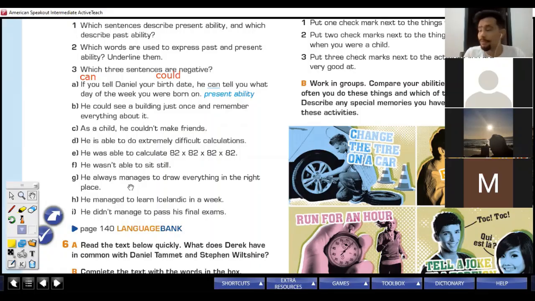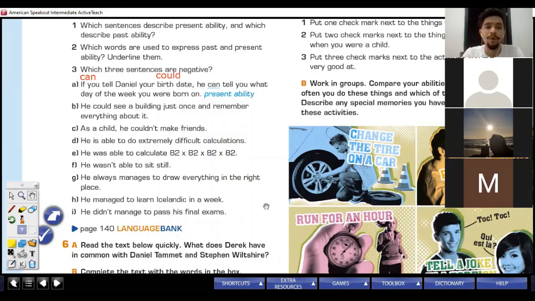And this is present ability or past ability? Present ability. Good. How about here? He managed to learn Icelandic in a week. Manage, past ability. Great. And how about here? He didn't manage to pass his final exam. Didn't manage to, and past ability.